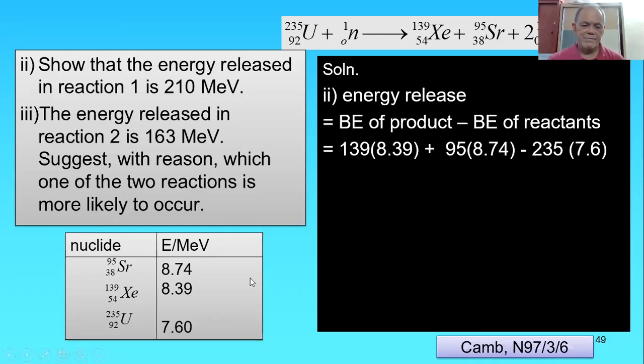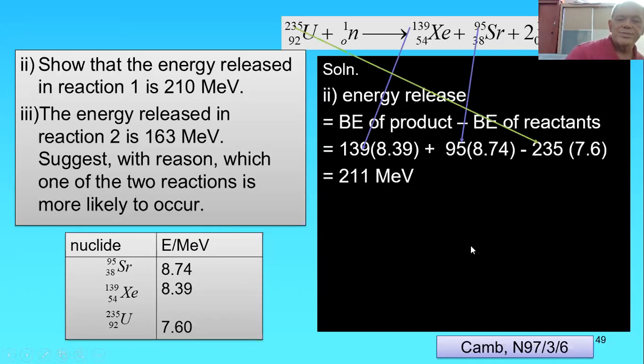That one is 95, times 8.74, 8.74 there. And then for the reactant, it is 235 uranium, and that one 760. Get 211 mega electron volts.